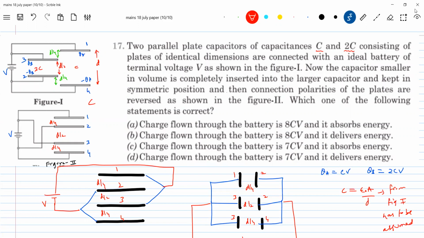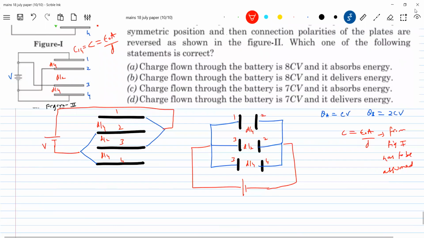So here I'll write it, because looking at the first, C14 is equal to C, which is this much. Okay, now the same area of cross section of the plates didn't change. So the same area A, the area of cross section of the plates is A.